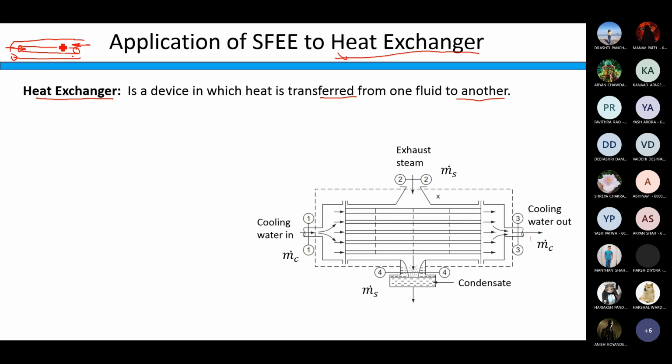So pass the cold fluid through this. These two fluids will interact with each other, and heat transfer will take place from the hot fluid to the cold fluid. This can be thought of as a simple heat exchanger, which is called a concentric tube heat exchanger.